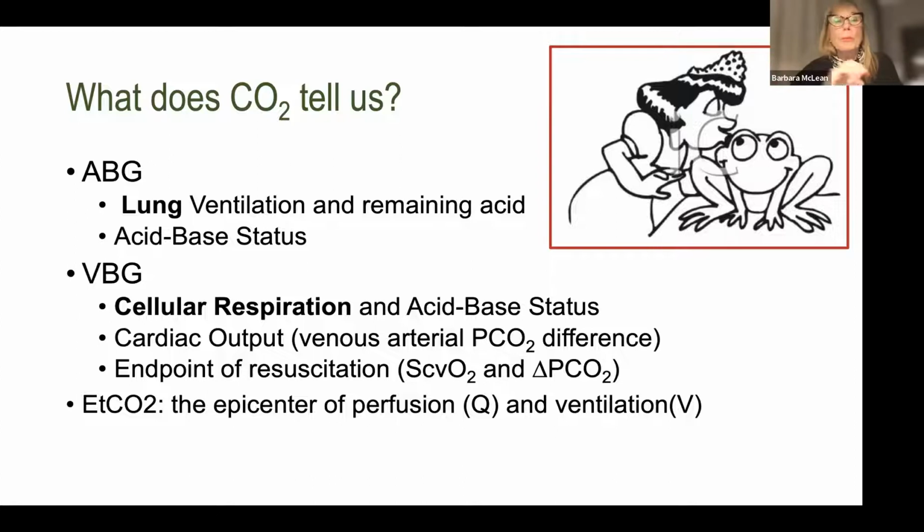And a lot of times when you see the interventions that you are attempting with patients and you don't see clearance, you need to ask some questions about whether or not you're doing the right thing. Now, the venous blood gas, as we know, is the major reflector of cellular function, of cellular respiration, which is CO2 production, and the acid-base status, which is primarily production of CO2 or production of hydrogen ion and the neutralization thereof.